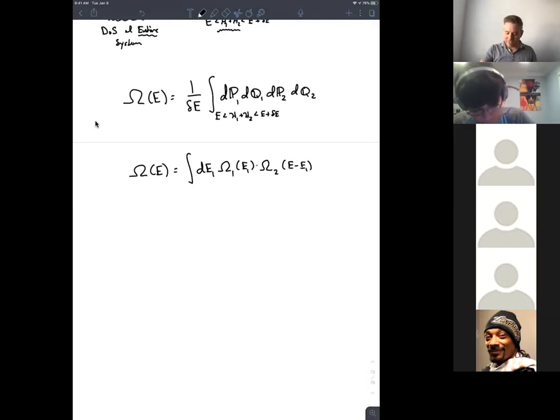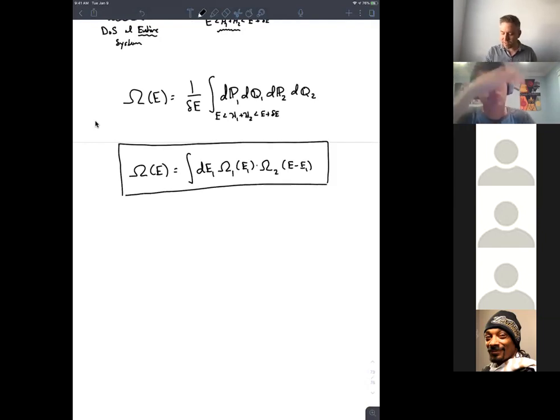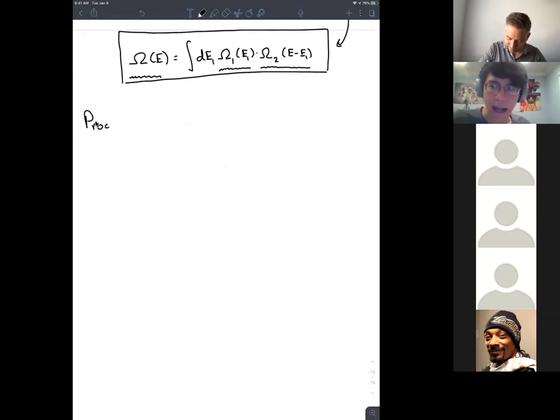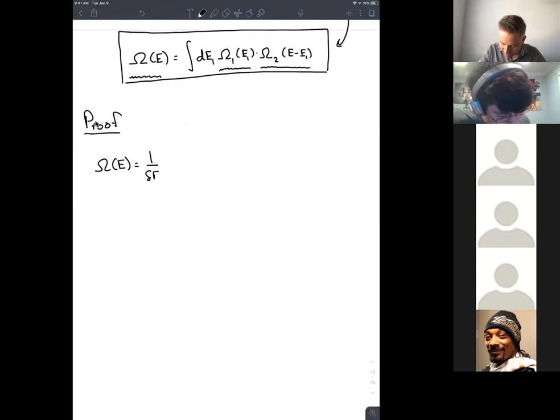This is my assertion: if I know the density of states of each of the subsystems, then I can calculate the density of states of the entire system, or vice versa. Now let me prove it to you. Again, we're starting out with this, that the density of states of the entire system is this.